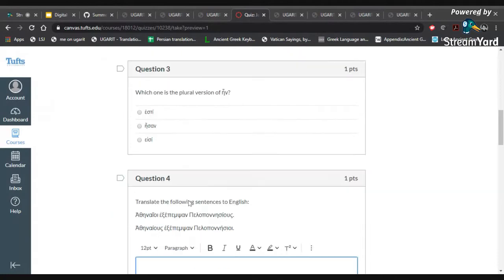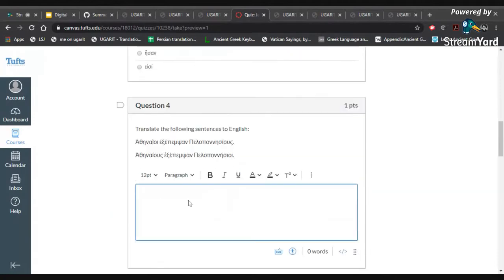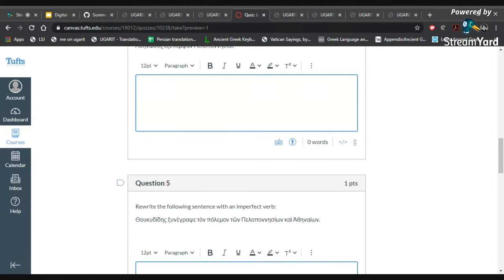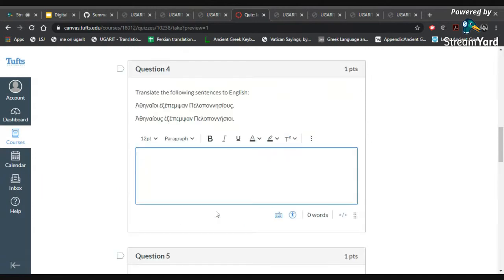Most of the learners couldn't get the fourth question right, where I asked them to translate these two sentences.